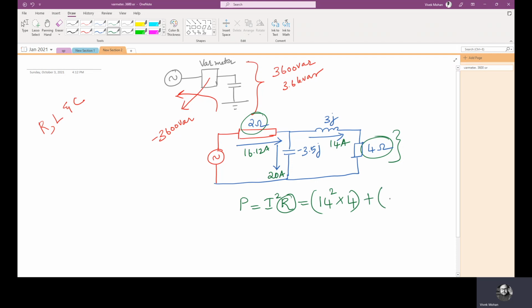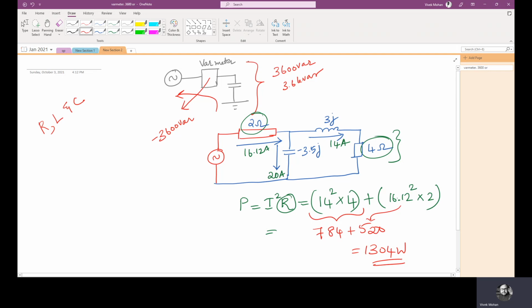So 14 squared into 4 plus 16.12 squared into 2, which will give me 784 plus 520, which is equal to 1304 watts.